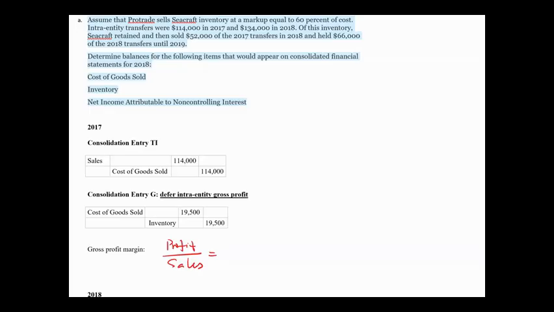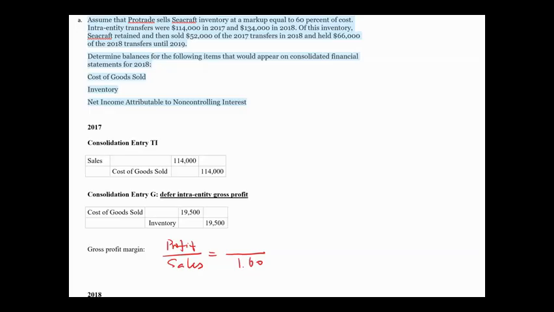Assume the inventory's cost to ProTrade is $1. If ProTrade sells it at a markup equal to 60% of the cost, the selling price would be $1.60.